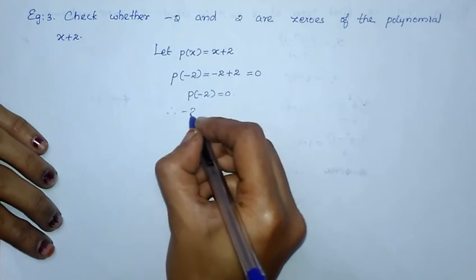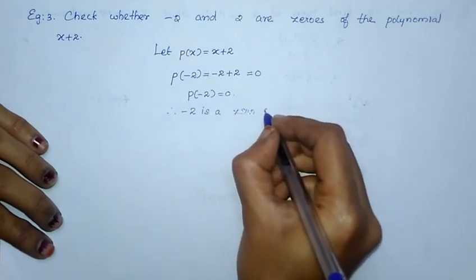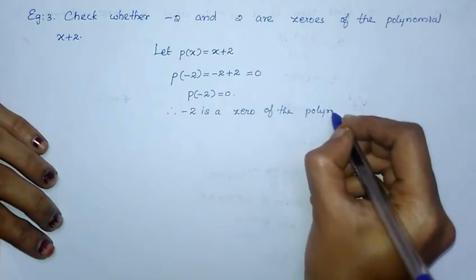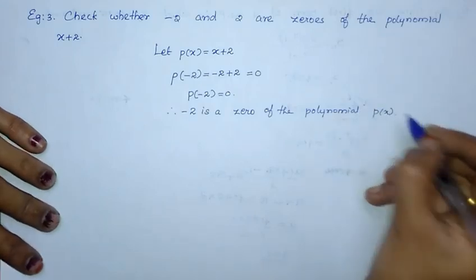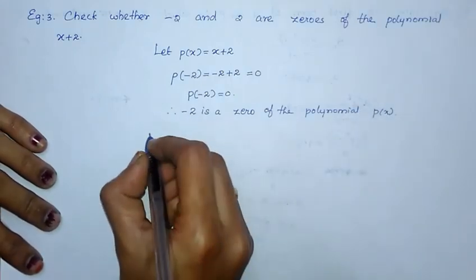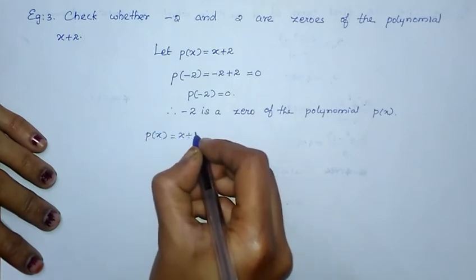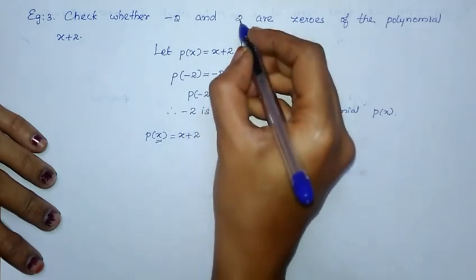Therefore, minus 2 is a 0 of the polynomial P of x. Now check the next one. P of x is x plus 2. We have to apply the value of x as 2.